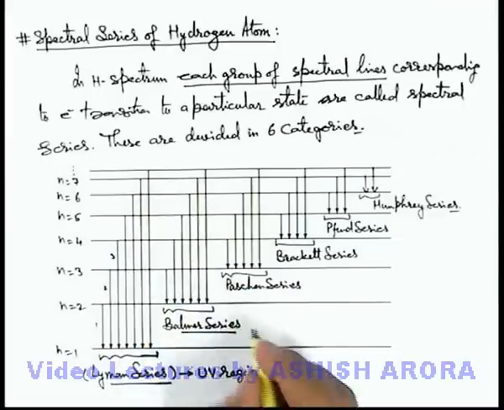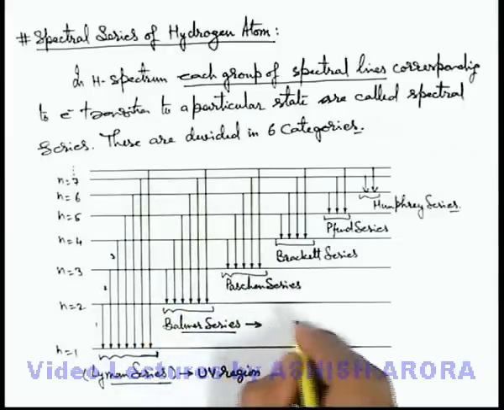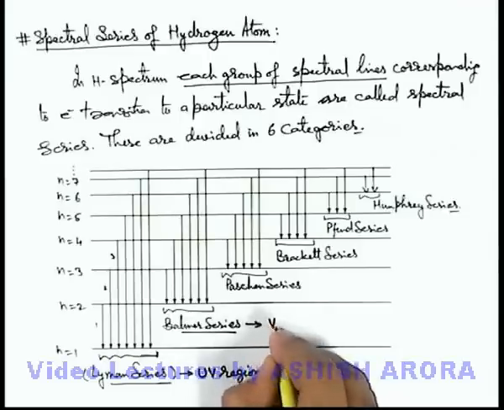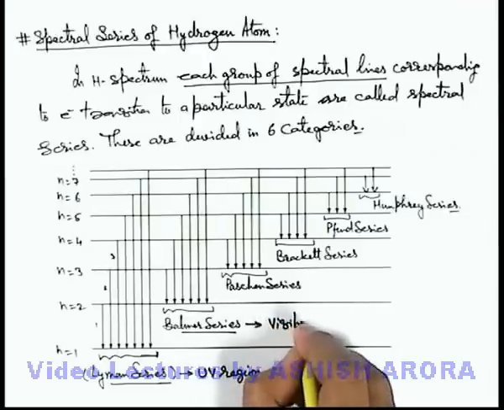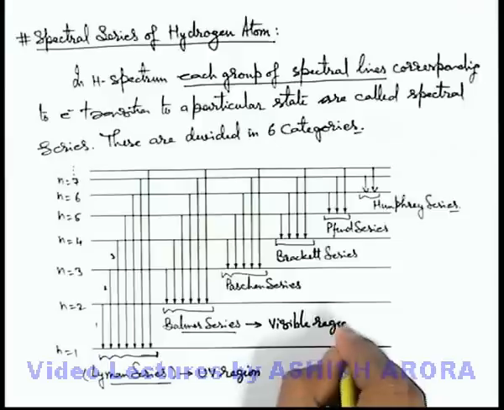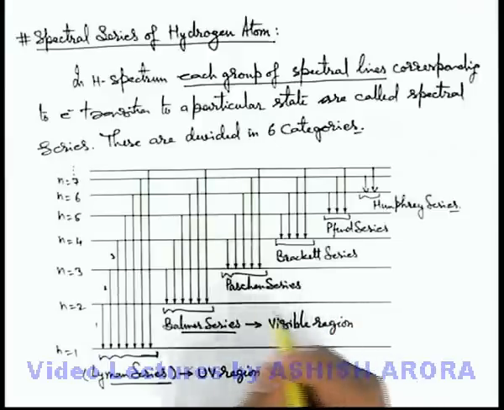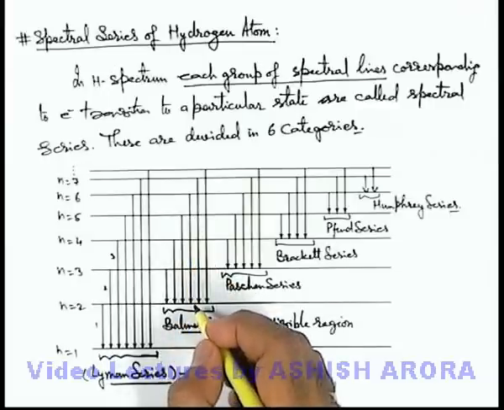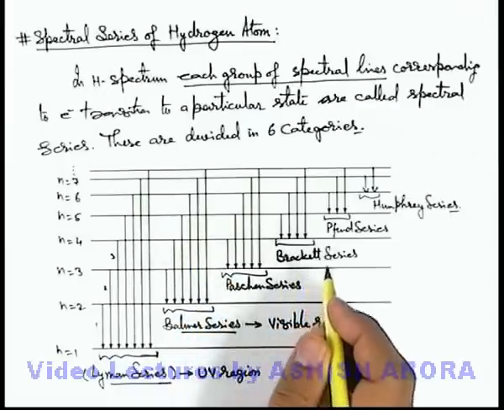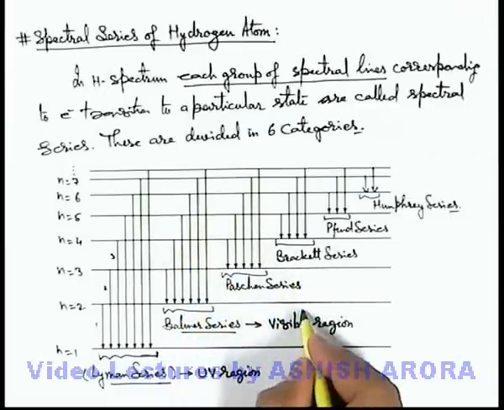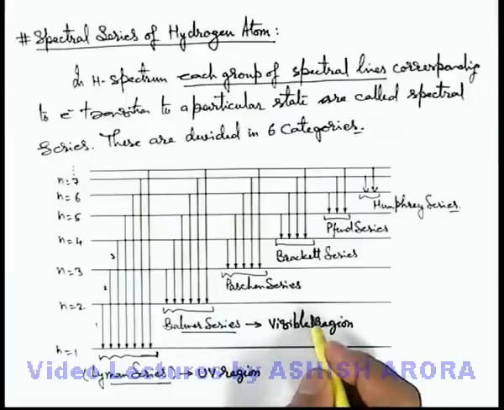Similarly, Balmer series is a part of the visible region. Or we can say whenever a photon is emitted by de-excitation of an electron from any higher level to n equals 2 level, the photon energy will be in the visible region and the light emitted can also be seen.